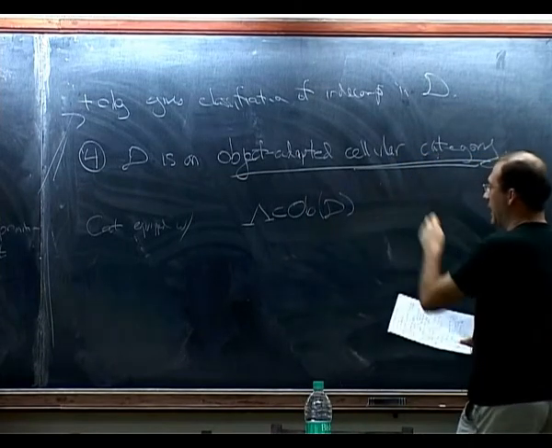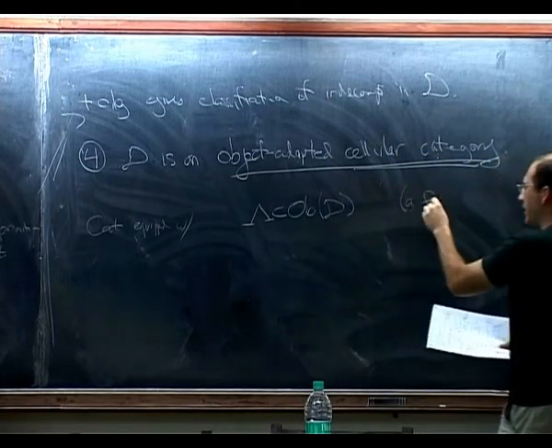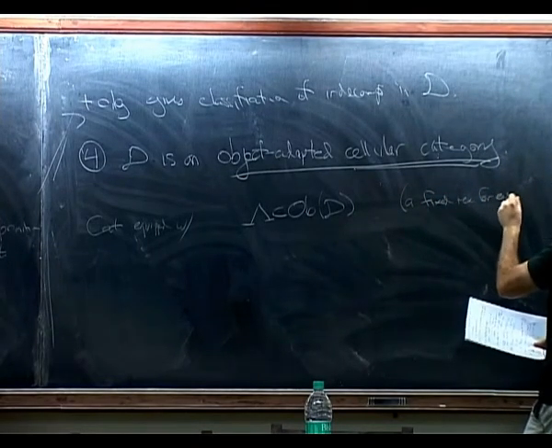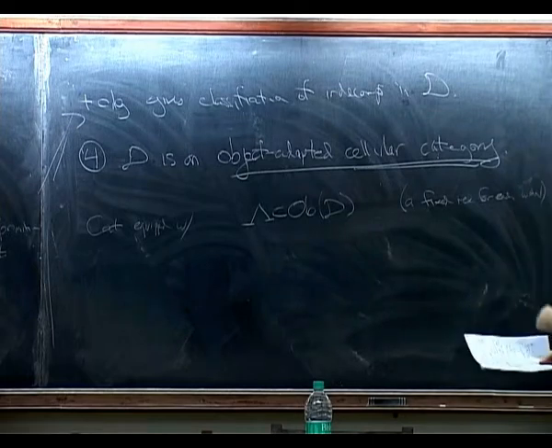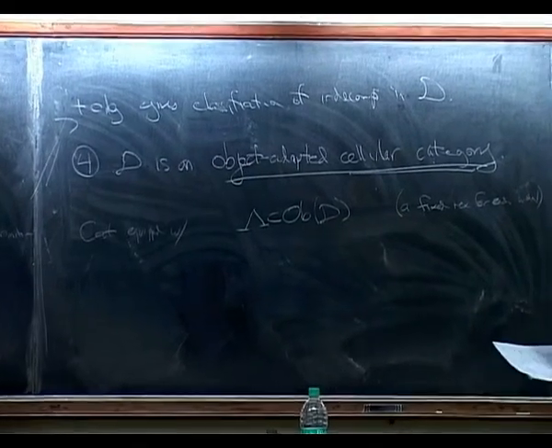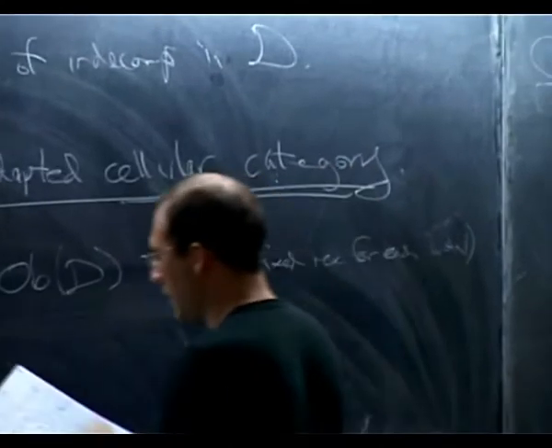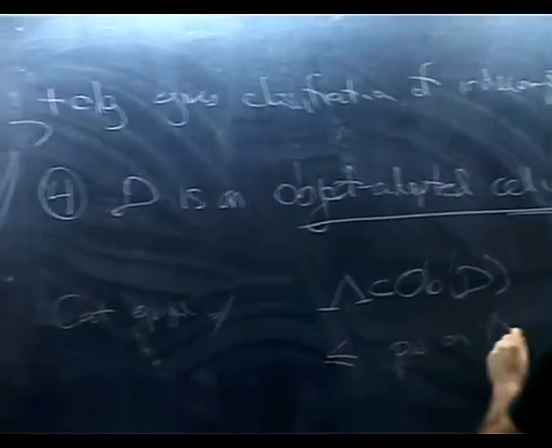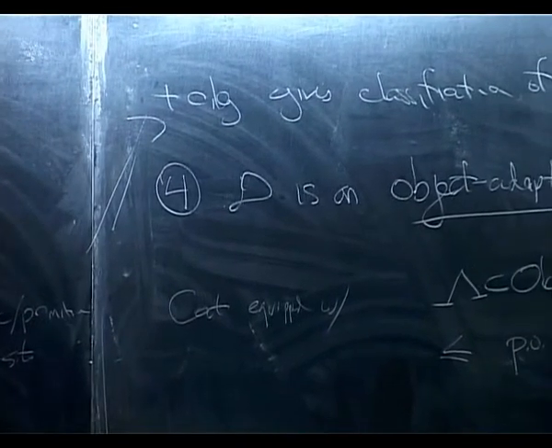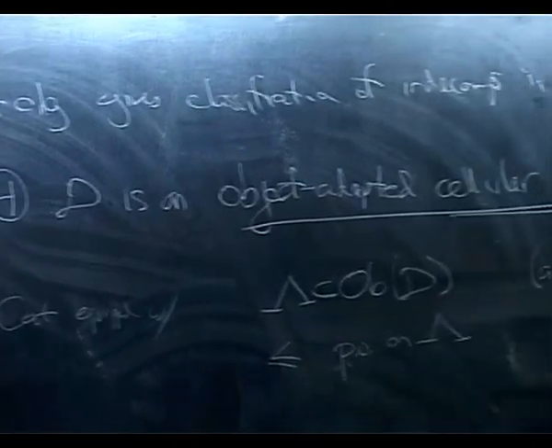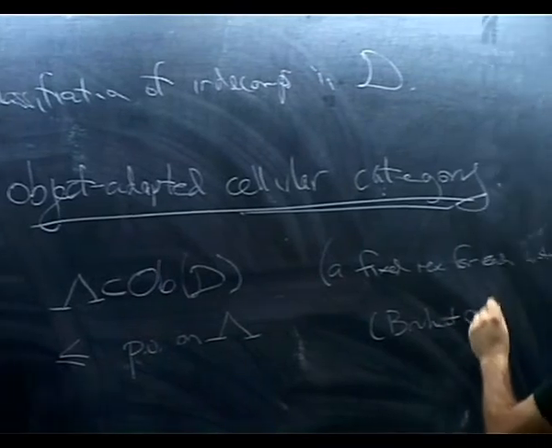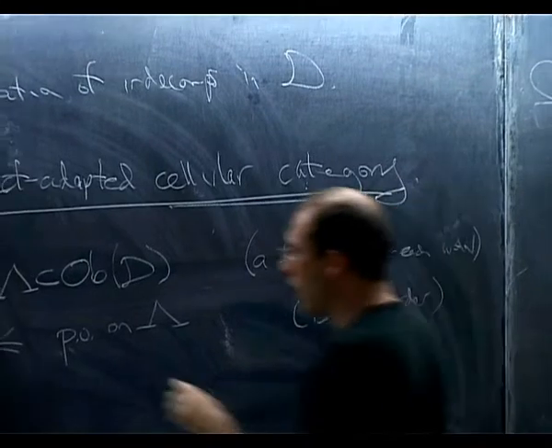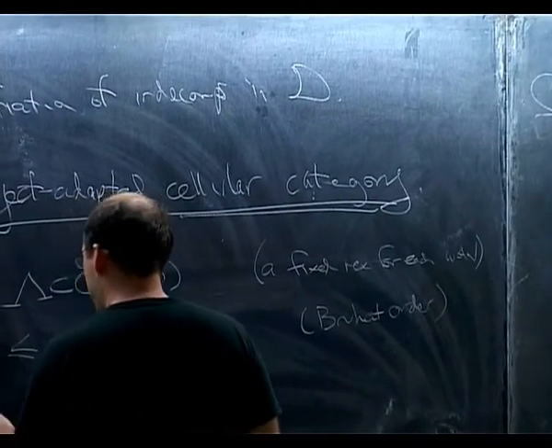In this case, it's a fixed reduced expression for each W. We have a partial order on this thing. So it's actually a poset. And in this case, it's the Bruhat order. We have an anti-involution on the category.